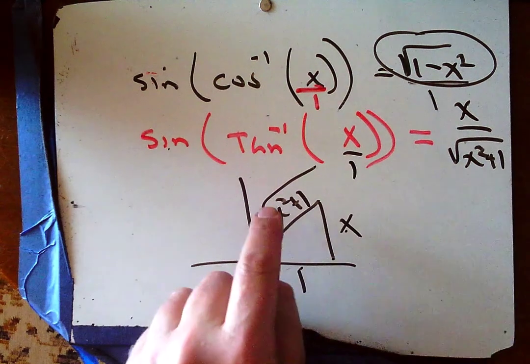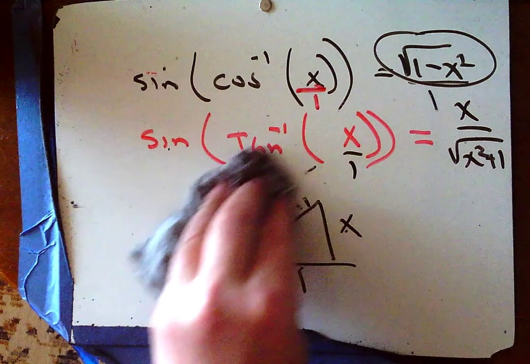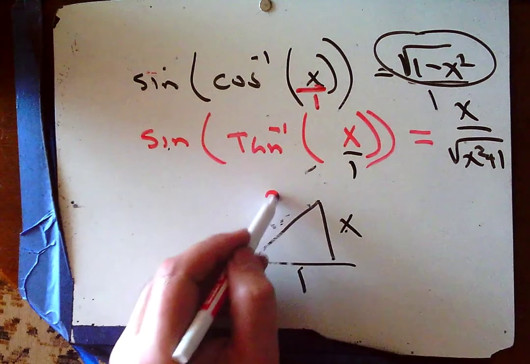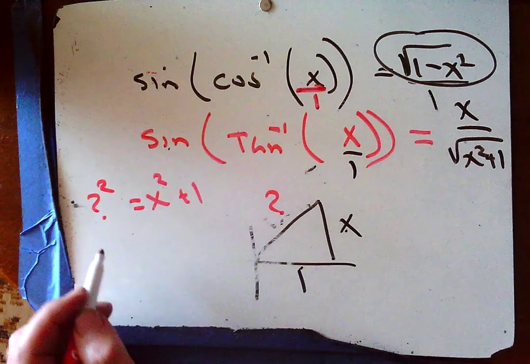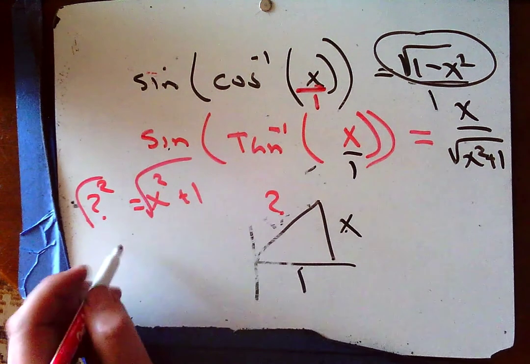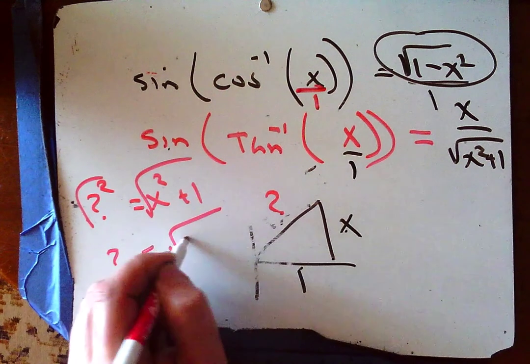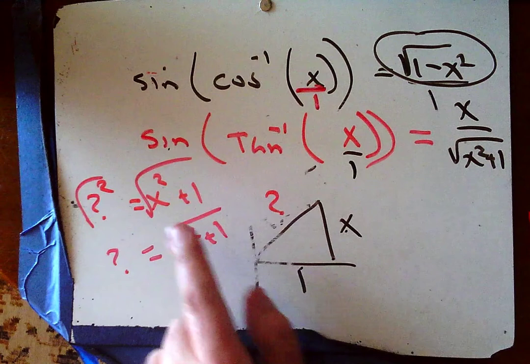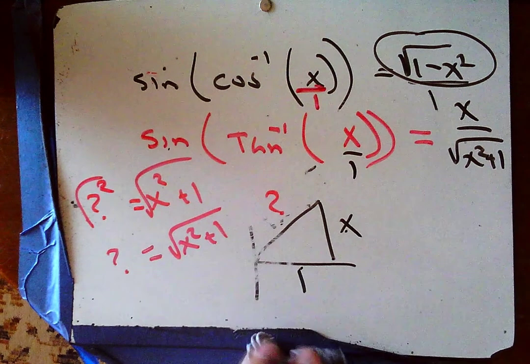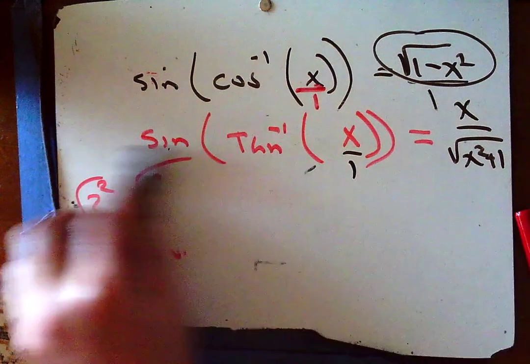Do you need me to show you how to get that? Just in case. Question mark squared equals x squared plus 1. I take the square root of both sides. Question mark equals the square root of x squared plus 1. Okay? Not the square root of each piece. It's not going to be x plus 1. I have to take the whole thing together.